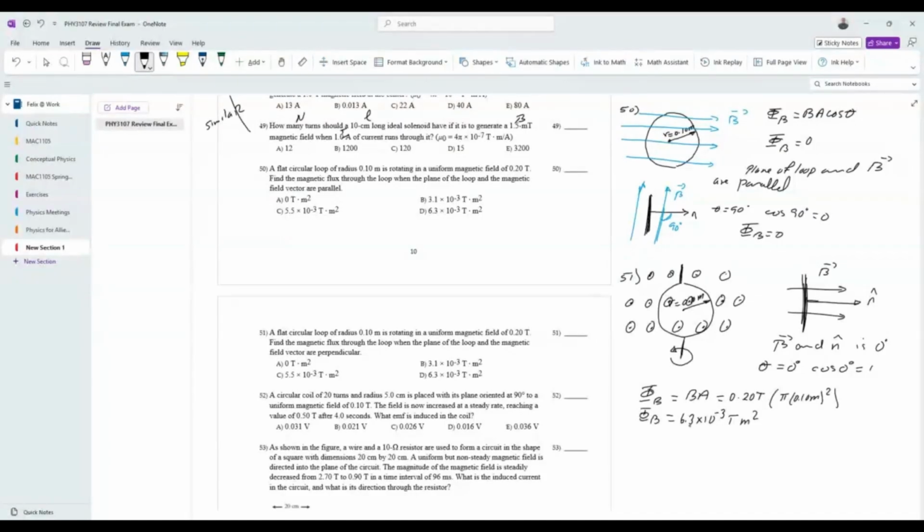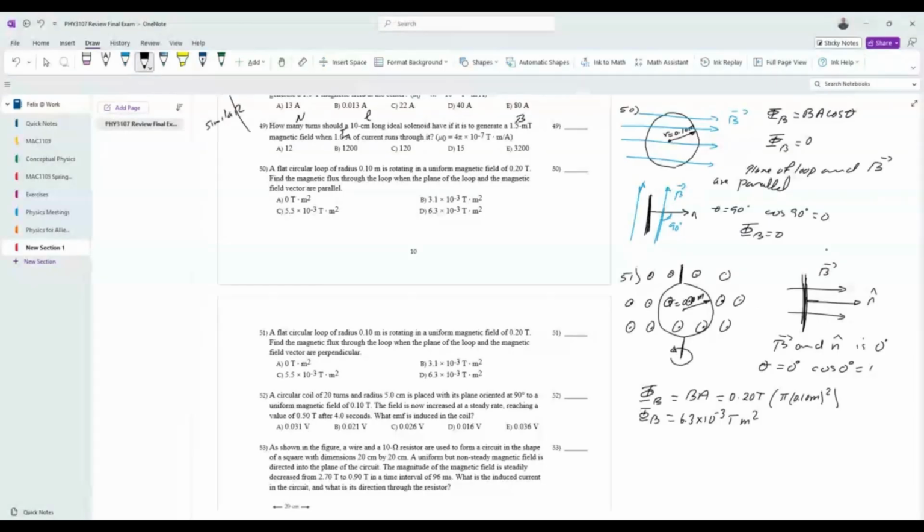If the magnetic field lines and the plane of the loop are perpendicular, then in this case, the magnetic flux is maximum, and it's equal to BA, the intensity of the field times A, since the angle between the normal and the field is 0 degrees and the cosine is 1.